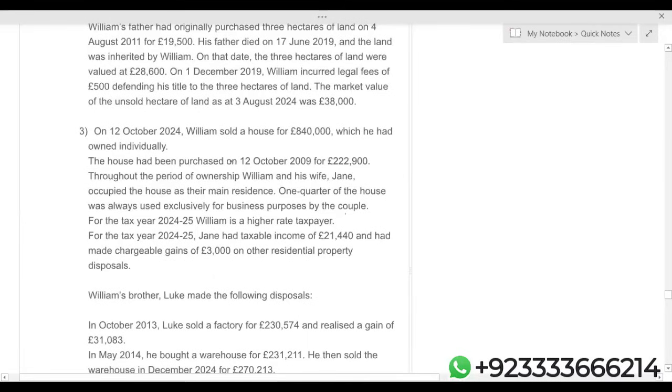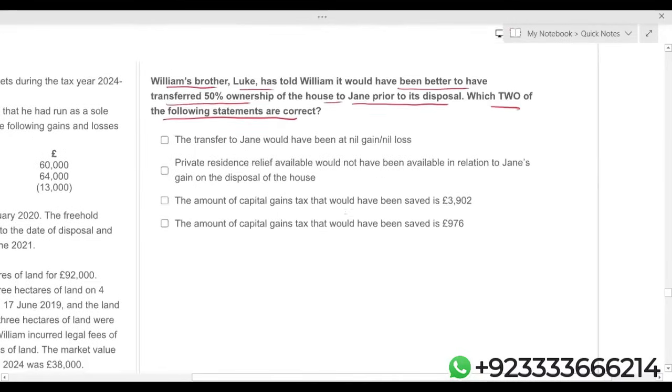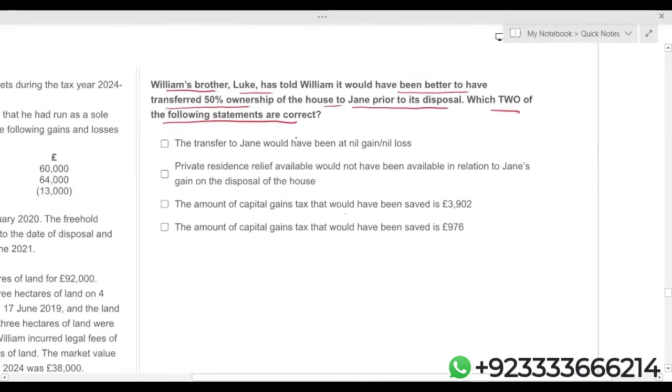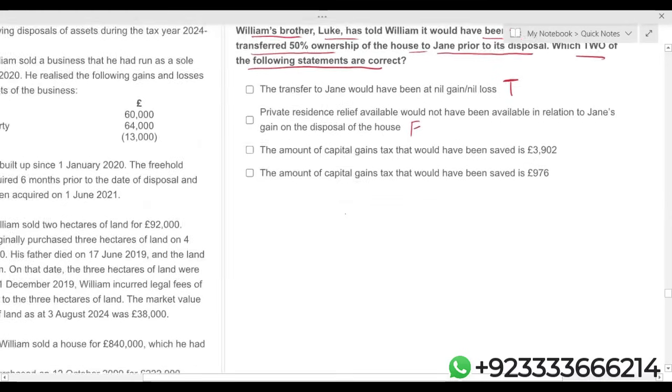William sold the house; Jenny is his wife. We know that if there's a transfer between husband and wife, it is at no gain, no loss. True. Private residence relief would not have been available in relation to the gain. That's false. The amount of the gain that would have been saved, for either C or D, we have to do the calculation.